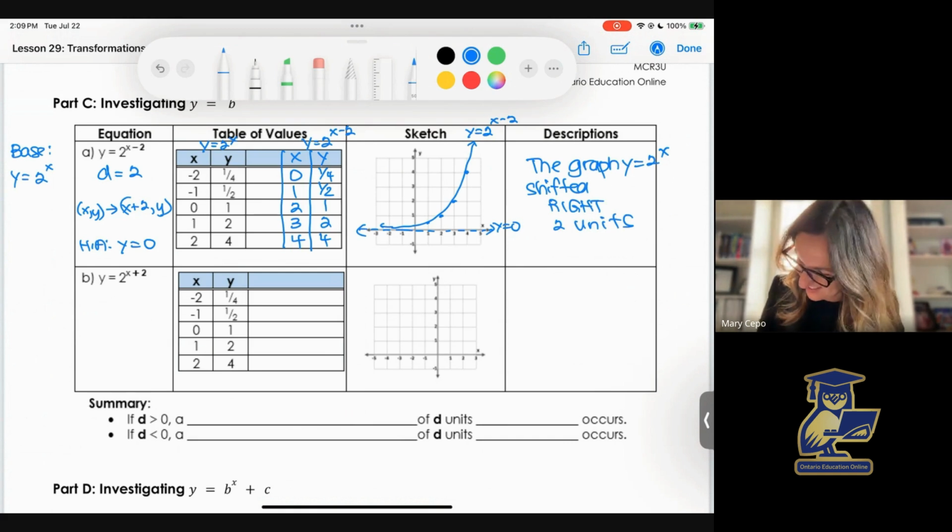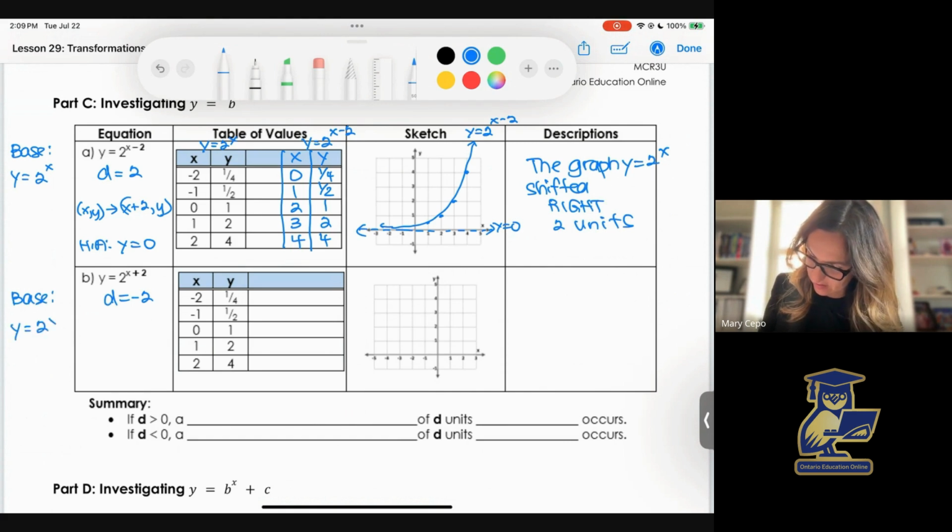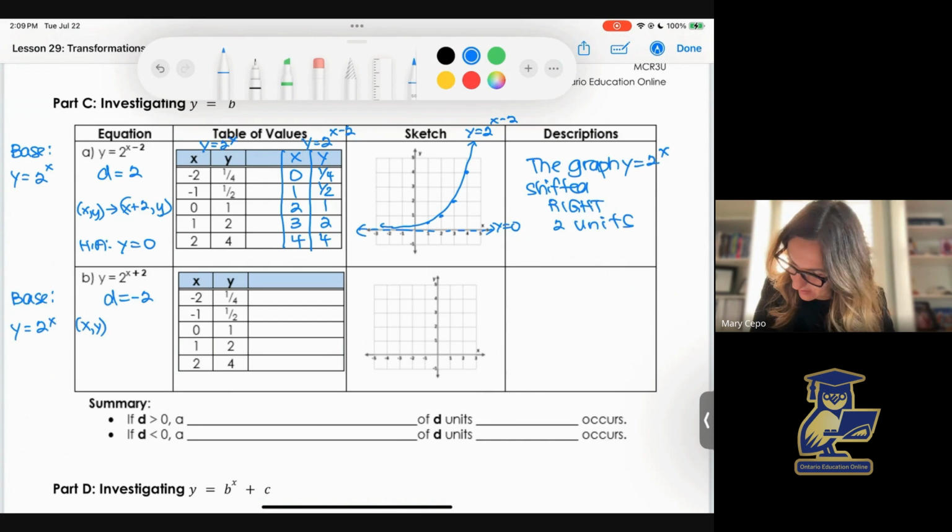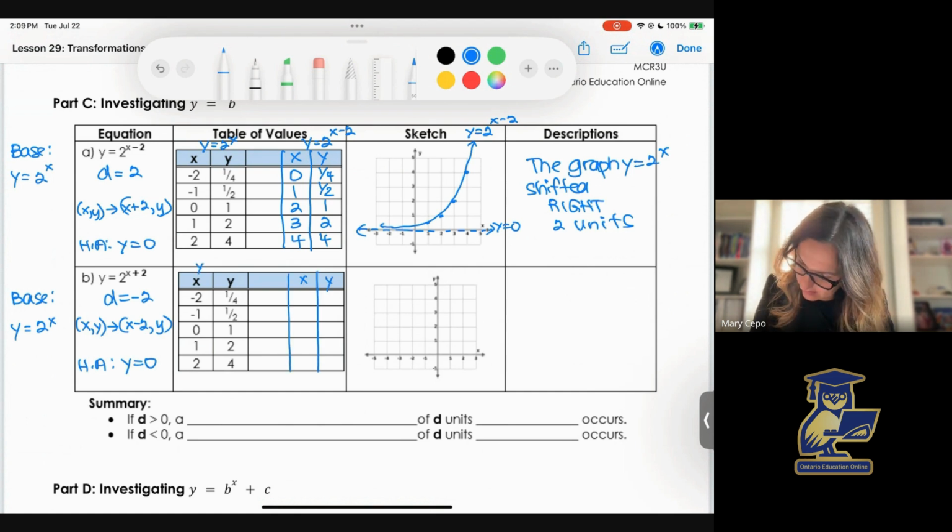And likewise, when d is equal to -2, I'm sure you can predict that the graph y equals 2 to the power of x is going to move to the left 2 units. So again, d impacts our x coordinates by subtracting 2 from each of them. Y remains the same. Horizontal asymptote is not impacted. So this is y is equal to 2 to the power of x, and y is equal to 2 to the power of x plus 2.